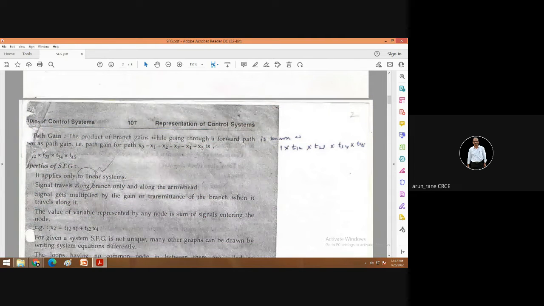And these are the properties of signal flow graph. The value of the variable represented by any node is the sum of the signals entering the node.